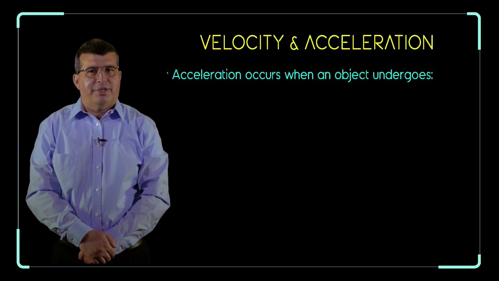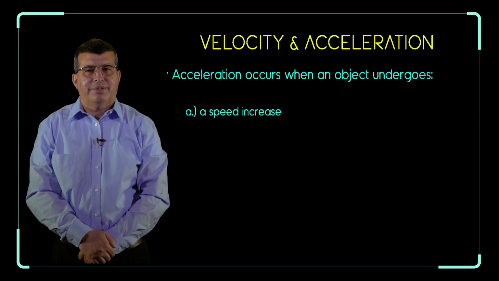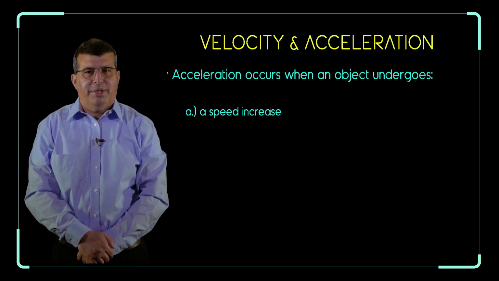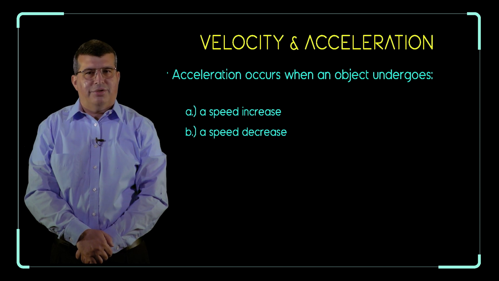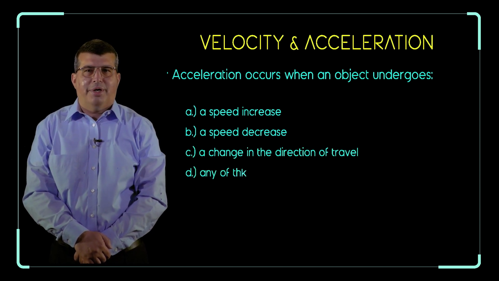Now I have a couple of multiple choice questions for you. The first is, acceleration occurs when an object undergoes A, a speed increase, B, a speed decrease, C, a change in the direction of travel, or D, any of the above.